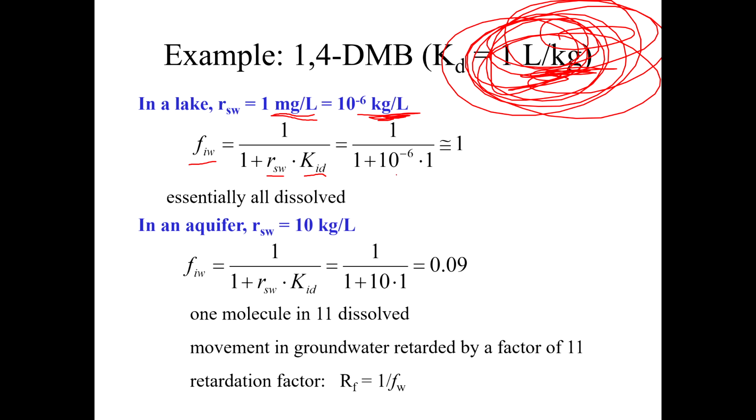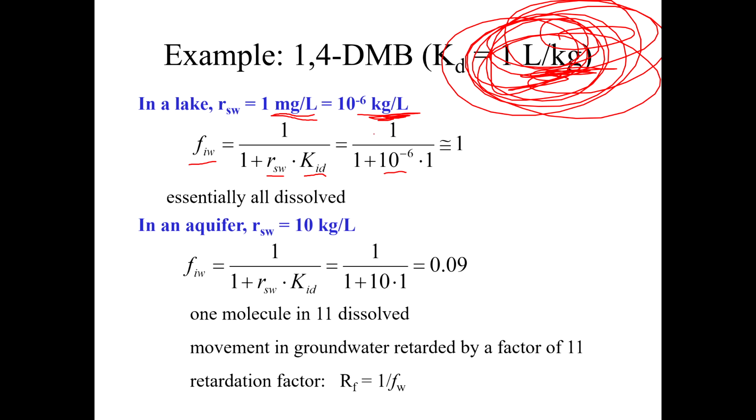Okay, so when you do that, you get 1 over 1 plus 10 to the minus 6 kilograms per liter times 1 liter per kilogram, and the units cancel out. So you get 1 over 1.00001, which is basically 1. So in a lake, almost all of the 1,4-dimethylbenzene is going to be dissolved.